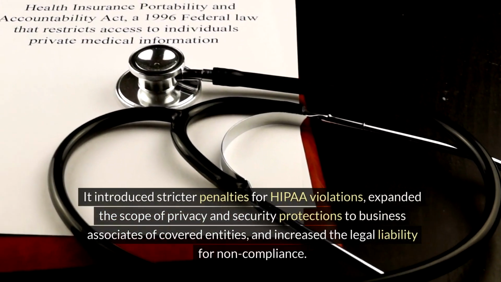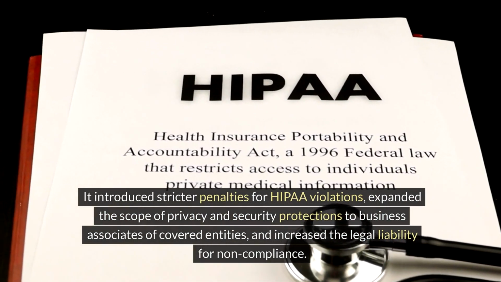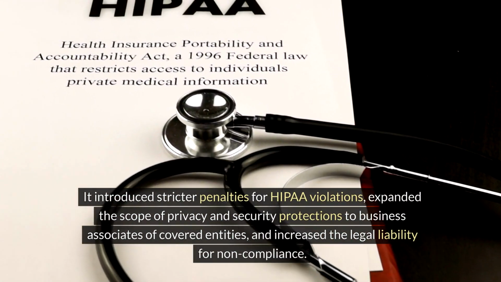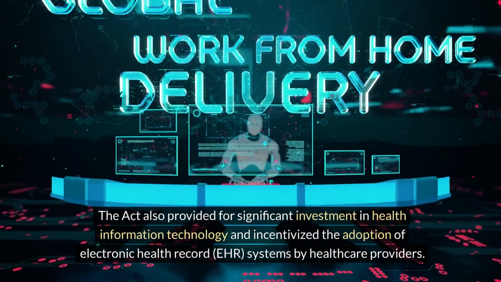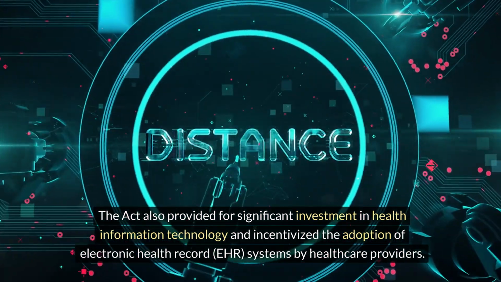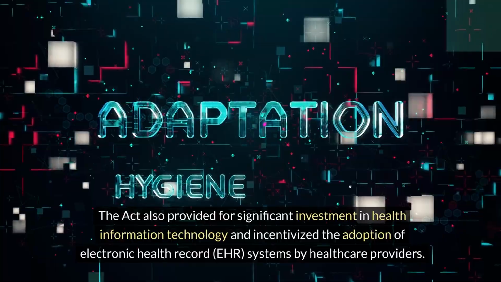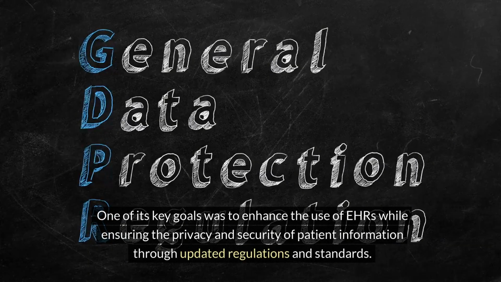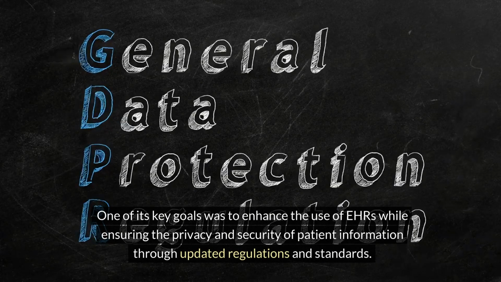It introduced stricter penalties for HIPAA violations, expanded the scope of privacy and security protections to business associates of covered entities, and increased the legal liability for non-compliance. The Act also provided for significant investment in health information technology and incentivized the adoption of electronic health record (EHR) systems by healthcare providers. One of its key goals was to enhance the use of EHRs, while ensuring the privacy and security of patient information through updated regulations and standards.